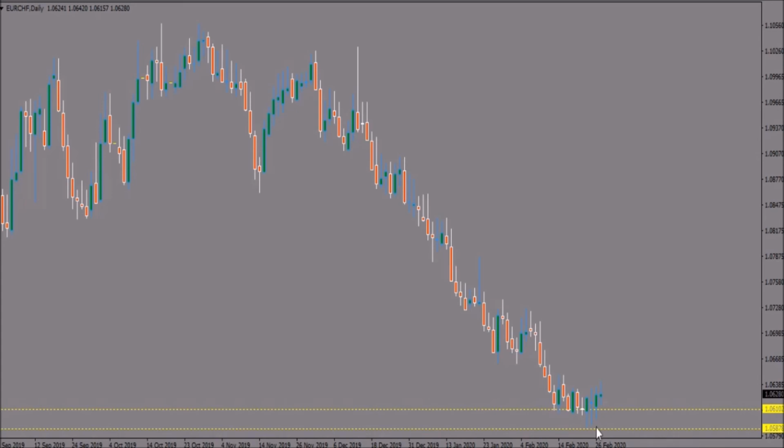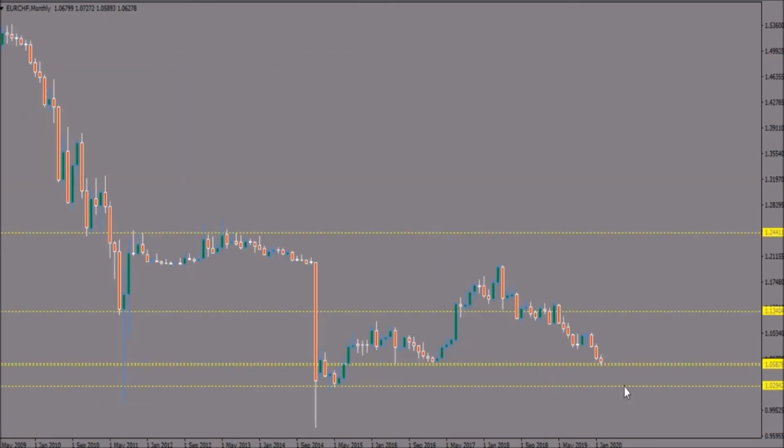If it breaks it, chances are it's going to stay broke. Not always, because there are fake outs and everything else. You're not saying 100% or anything, because like I said, it's a monthly chart, and you're looking at monthly structure.